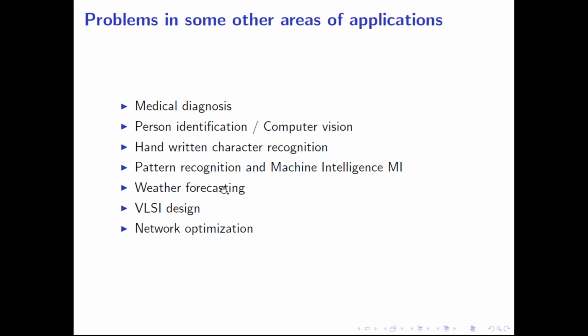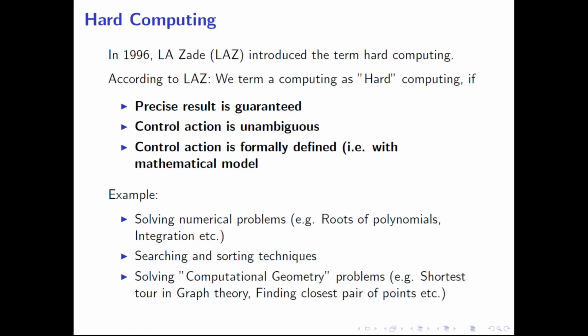Okay, right? But there are certain problems which cannot be solved using hard computing. In real time, there are certain problems which cannot be solved using hard computing. In real time, not all problems have a precise solution, you cannot mathematically model all the problems, and you cannot say that these problems are unambiguous.